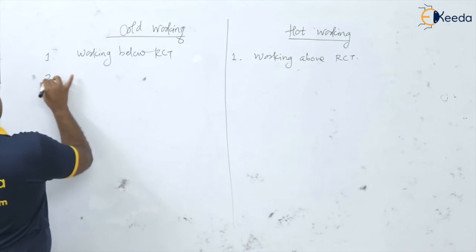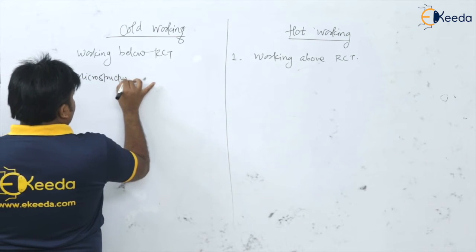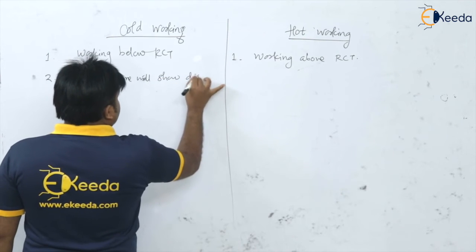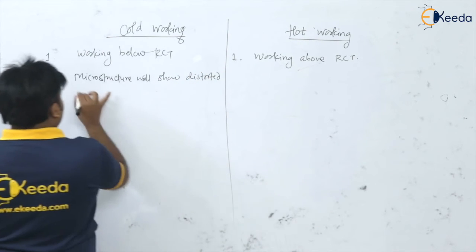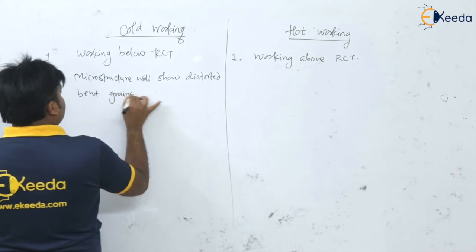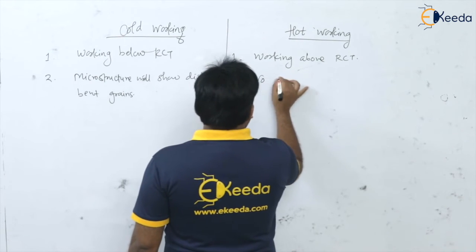Okay. So here what will the microstructure show? Microstructure will show distorted, bent grains. Okay, so no change here in the microstructure.